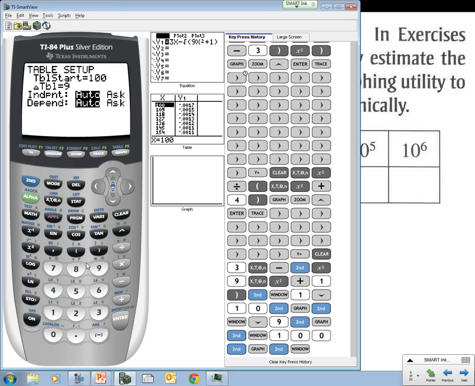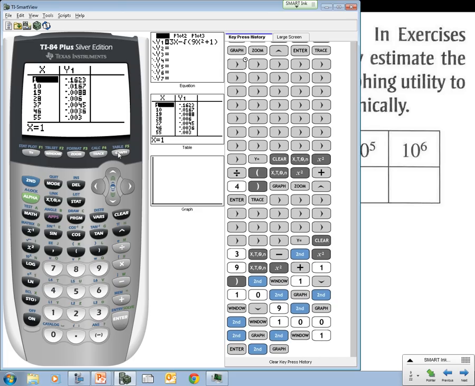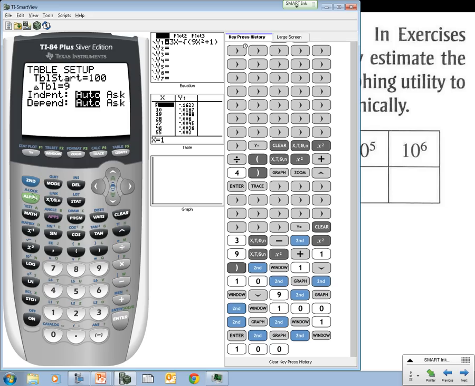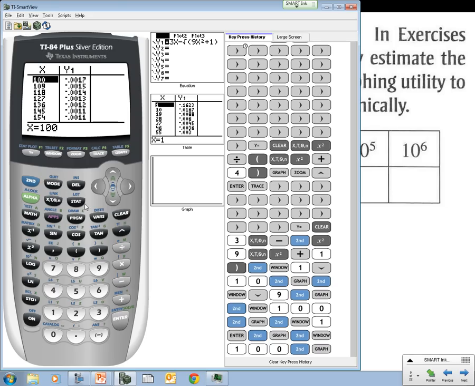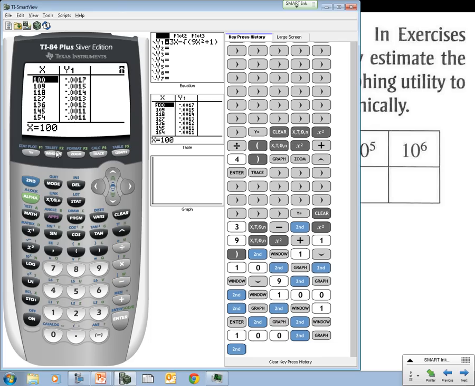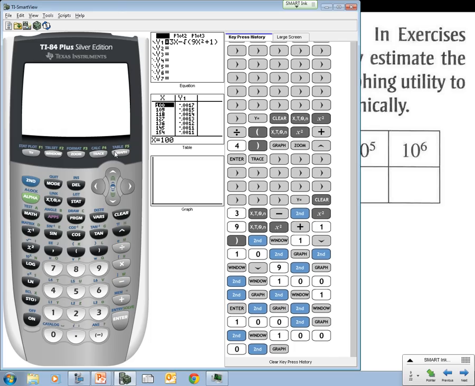Were there negatives on these ones? Yes. So negative 0.0017. Negative, we can do 10 cubed, which is 1,000.